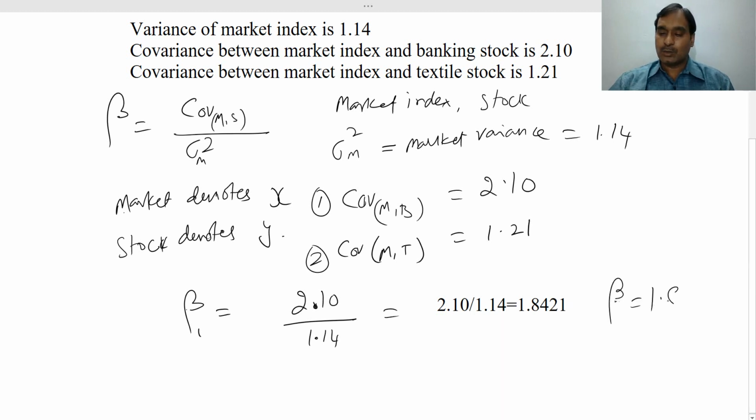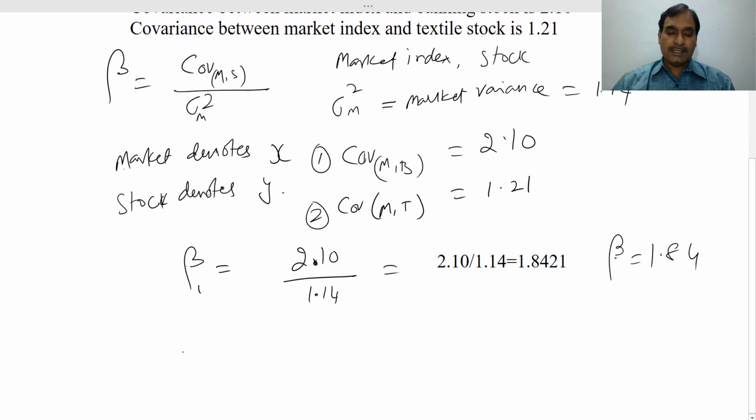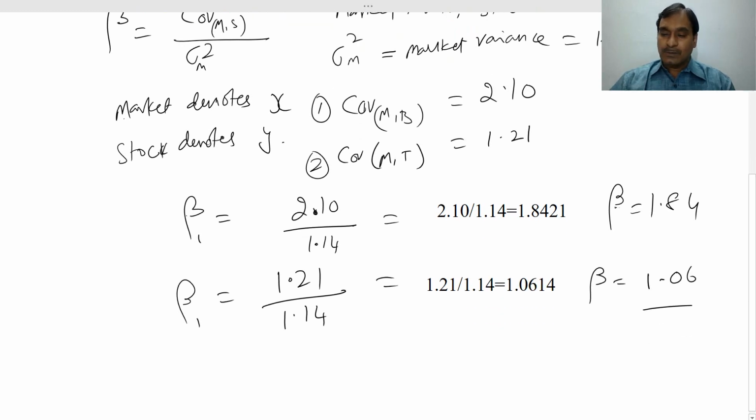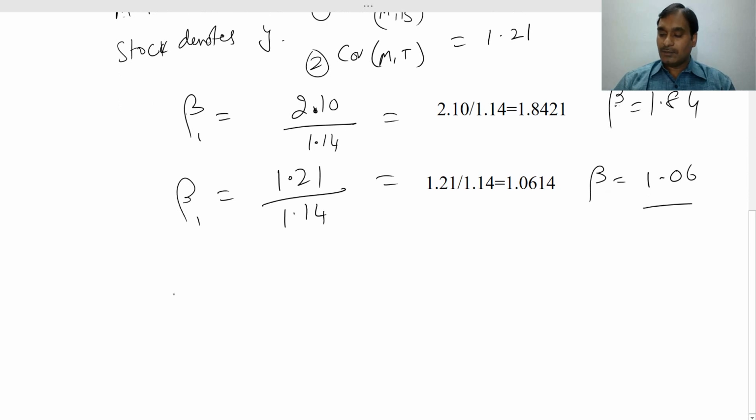Similarly, beta of the second one, that is the textile stock, equals covariance 1.21 upon 1.14, that is the market variance. This comes to 1. So now we have two beta values. Beta 1 is 1.84.